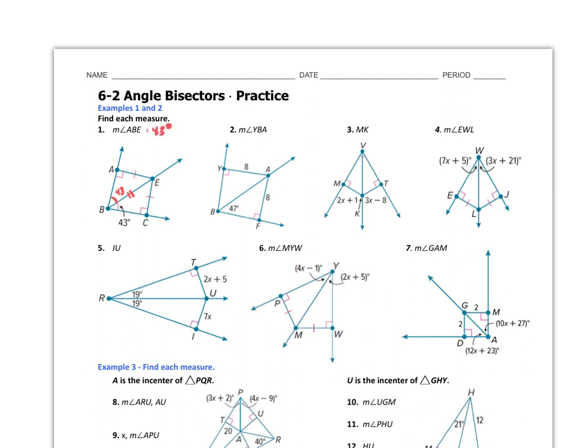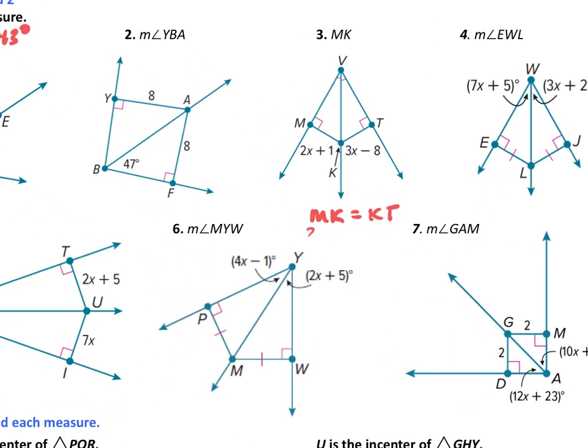So using some of those principles, carrying that down here, if this point is equidistant, then it's on the bisector. Or should I say, if I can look at this and say this angle is congruent to this angle, therefore this is on the bisector. Then it is equidistant, so in this case MK is going to equal KT, and I do the substitution: 2x plus 1 is equal to 3x minus 8.